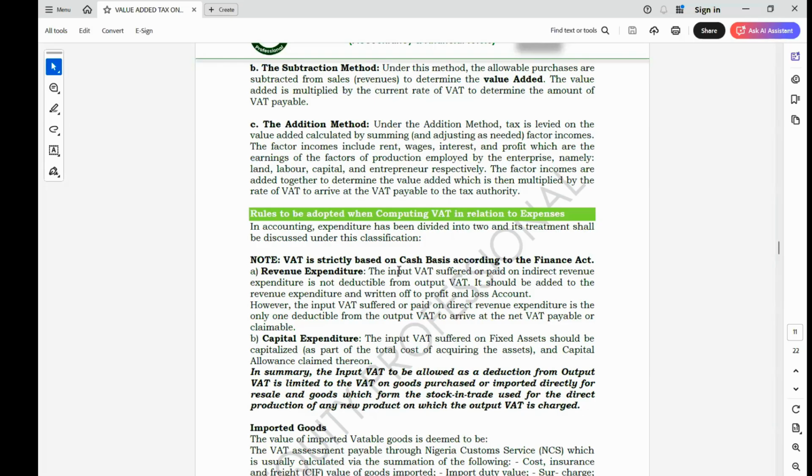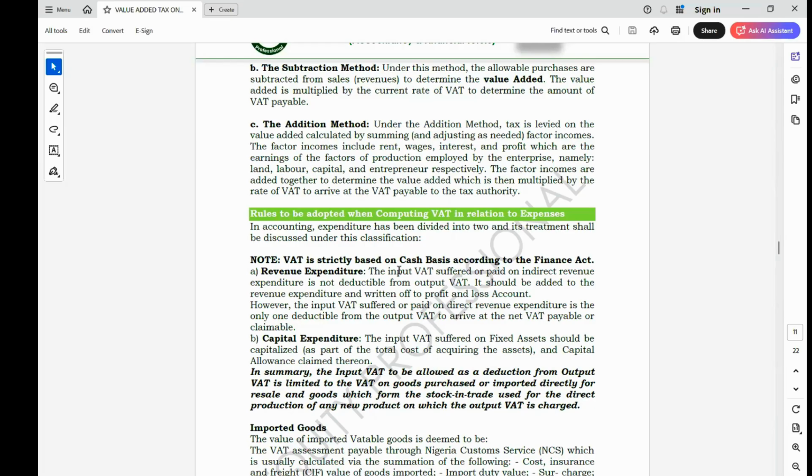So if you are writing it to profit and loss account, you cannot claim it again as an input VAT. Only the one that is direct to the business will be chargeable to the output VAT when you are computing value-added tax.